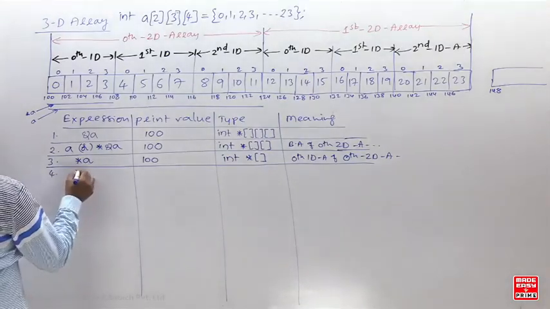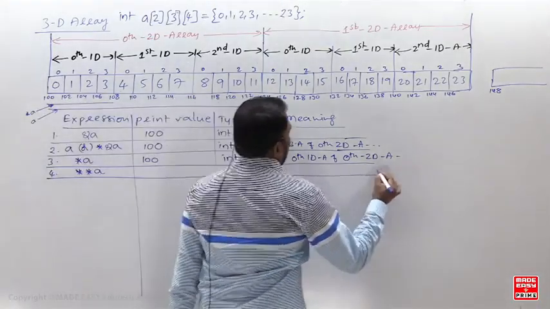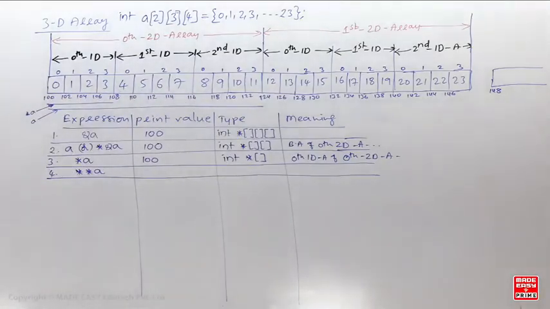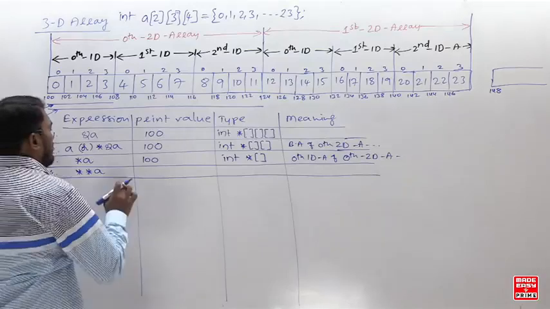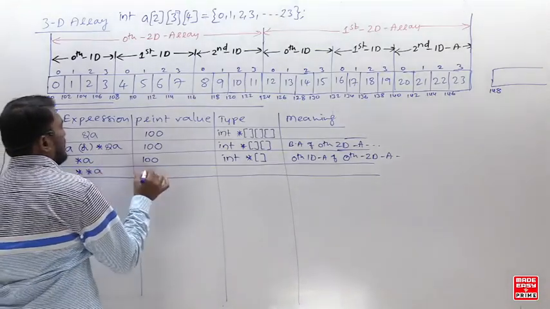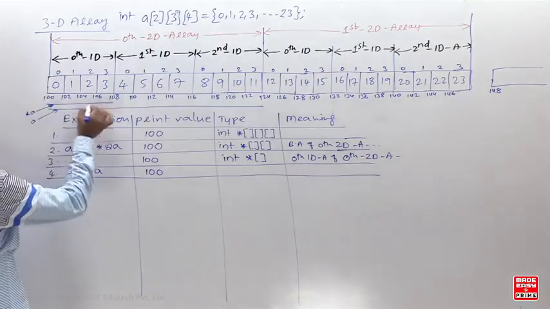Now the fourth one. If I apply one more star, double star a, where will it point? It will again print 100 only. Star a was pointing to the 0th 1D array.